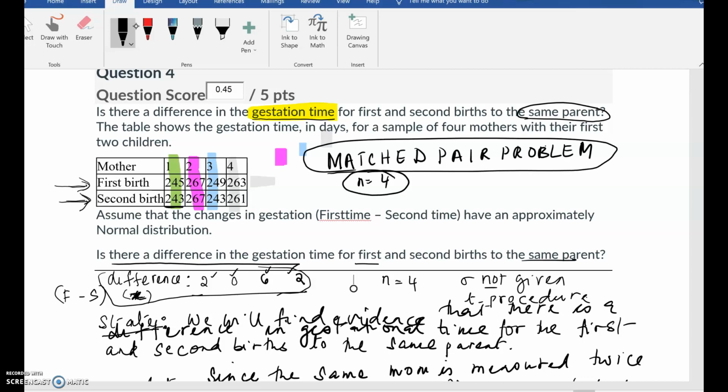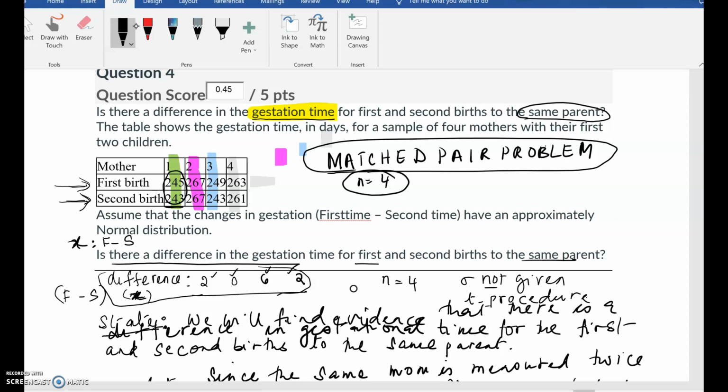So in the case of a matched pair problem, what happens is we create a new row. And I'm just going to add the new row here since all this is text. So my new row is going to be the difference. First birth minus second birth. So I look at the first mom.